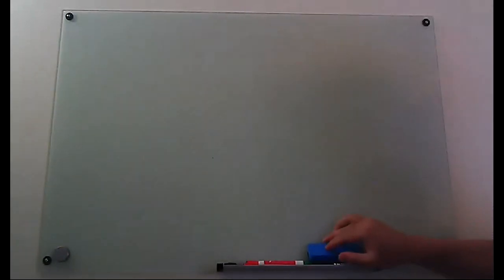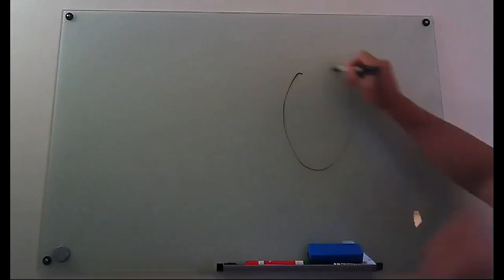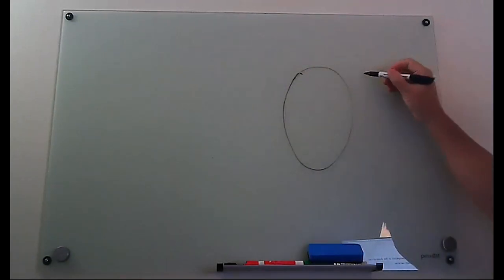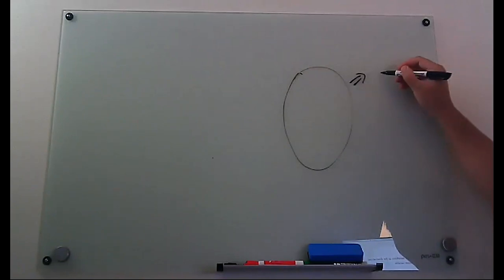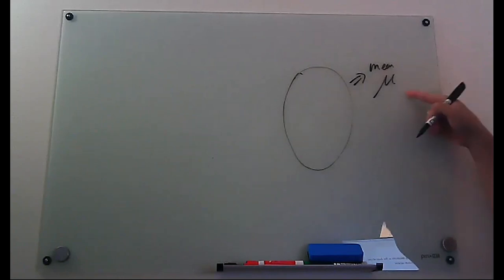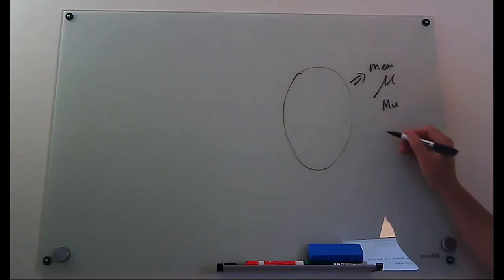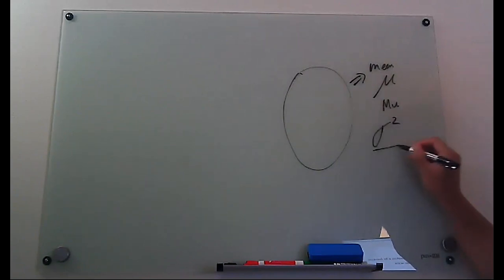For example, let's pretend that these are the whole population. The population mean would be something like mu, which is a Greek letter, and the variance would be sigma square.